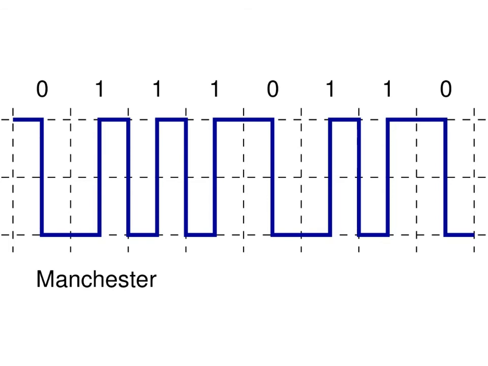In this case, with Manchester encoding, the rate at which we send signals would be defined as, if this period was 2 milliseconds, we'd define the rate at which we change as every 1 millisecond.